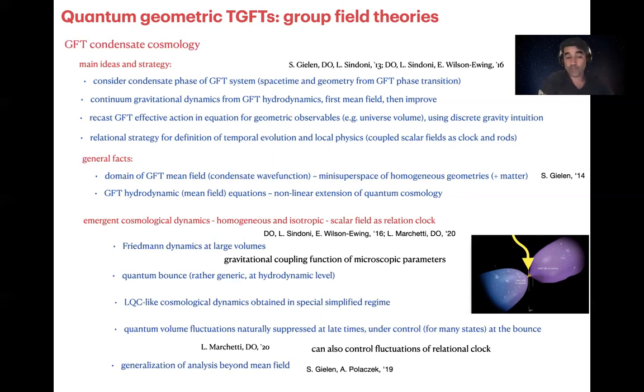One can recover, in fact, a loop quantum cosmology-like dynamics in a special regime of the effective dynamics. And one can control and compute in detail the quantum fluctuations of geometric observables, well, the volume in the isotropic case, the volume of the universe, and they are indeed under control. This analysis has been first done at the mean field approximation in terms of coherent states of the field operator, but has been also generalized beyond that.